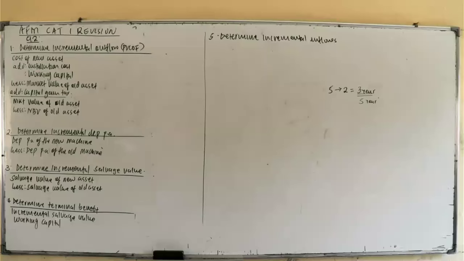The operation of the new machine will also require an increase of 500,000 in working capital. The company uses straight-line method of depreciation, the company cost of capital is 10%, and the corporate tax rate is 30%. Required: advise the management of Kazingumu Limited on whether to replace the machine.